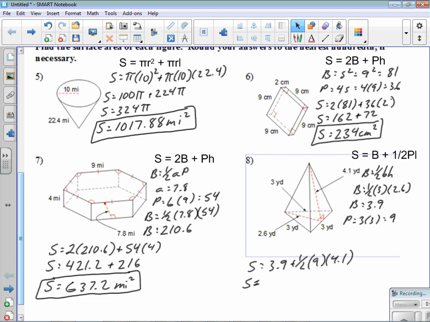And if we multiply that all out, it's going to give us a surface area of 22.35 yards squared.